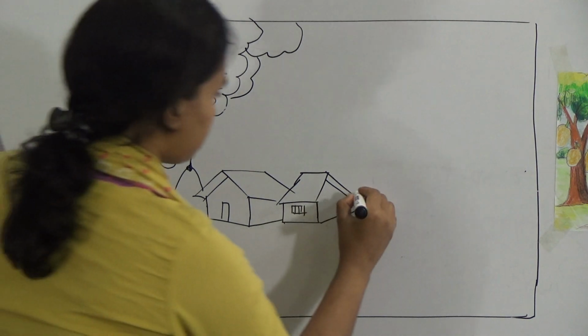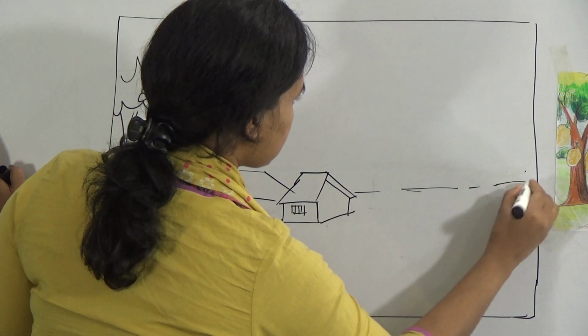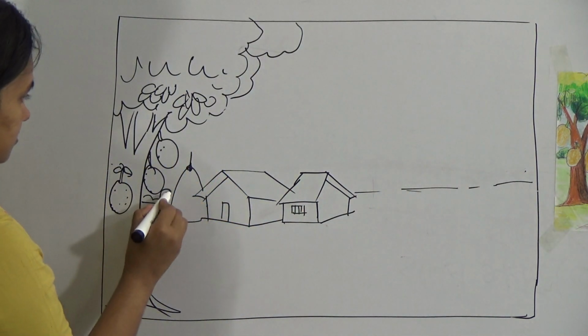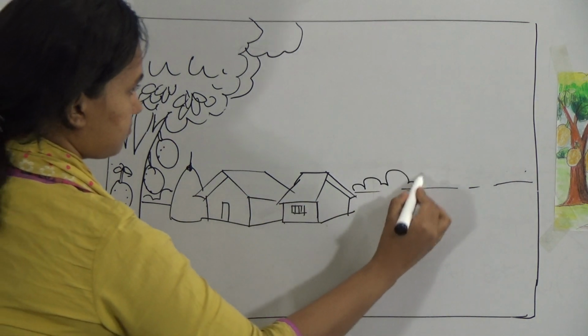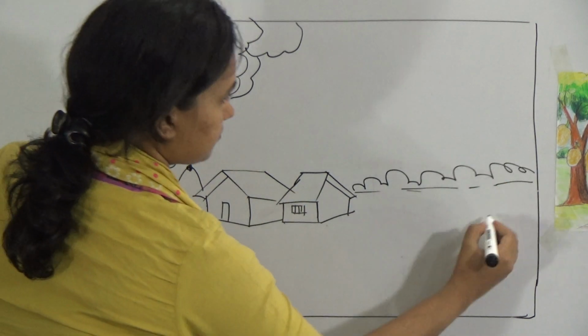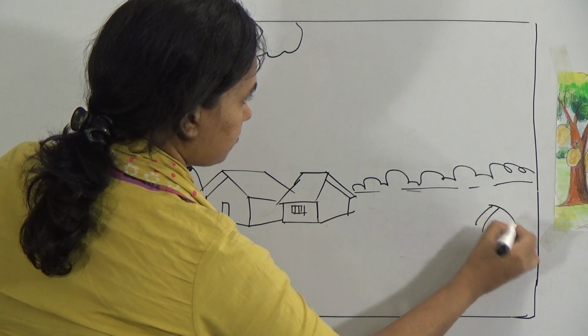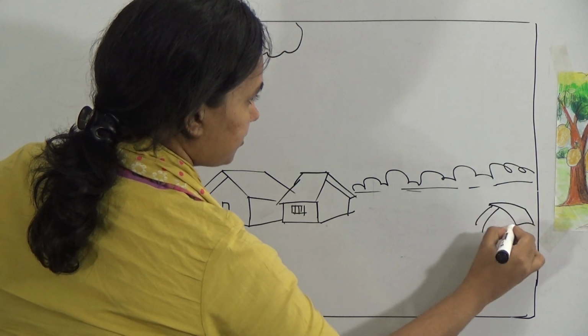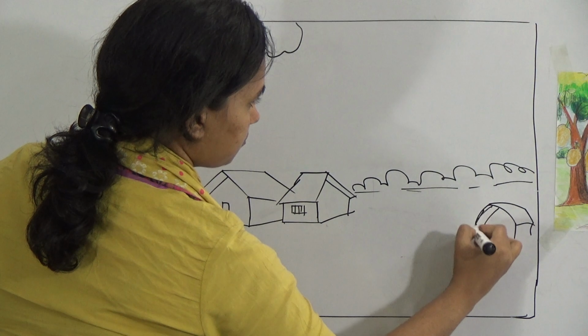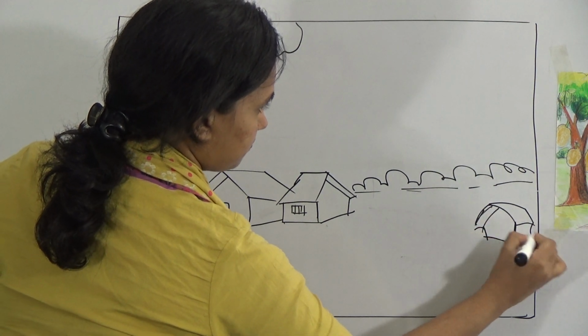Then give the far villages like this and give here a house also. It's not mandatory. If you want, you can give here a house also.